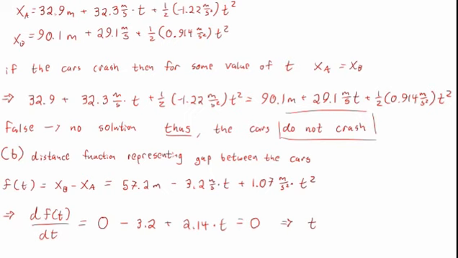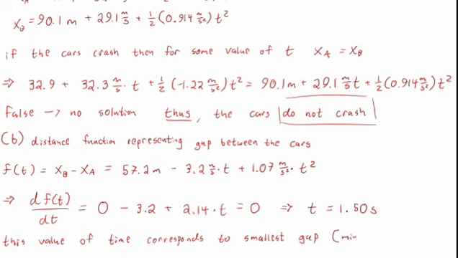Okay, so then t in this case, I'll just do this in the calculator, it's going to be 3.2 divided by 2.14. All right, I get 1.50. So t equals 1.50 seconds. Okay, so this value of time corresponds to the smallest gap. Okay, because that's what we've done. We found the minima.